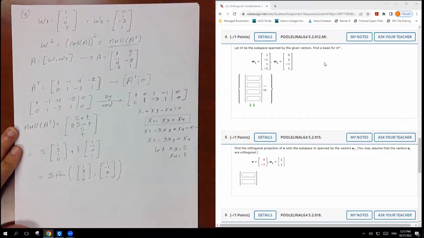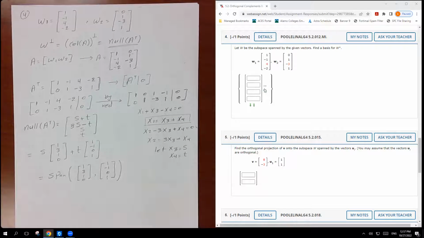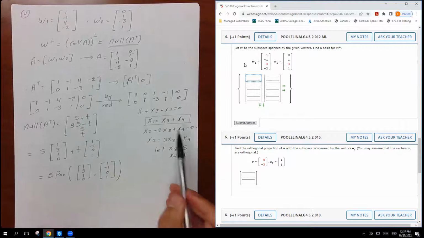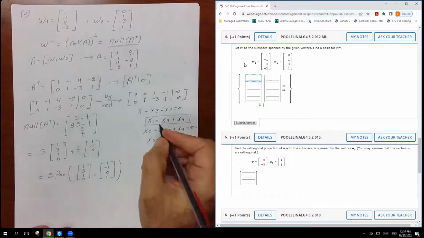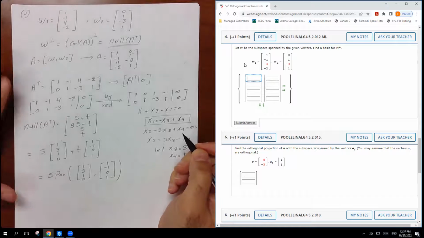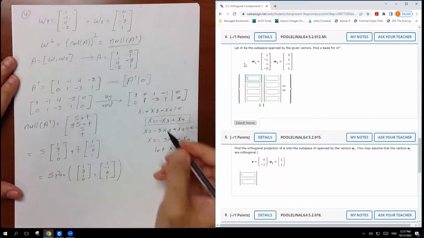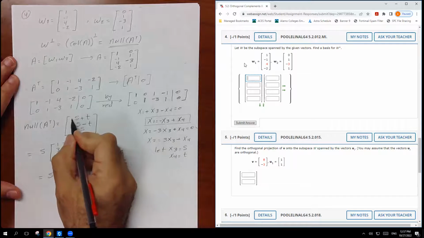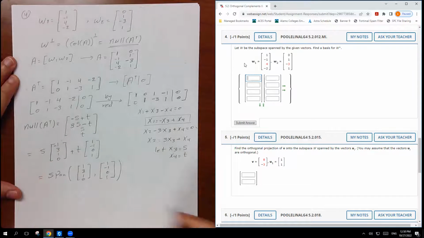And they ask you to find the base. Here is the base. So we're just going to type here negative 1. Because when I moved x3, negative x3, here is going to be negative s, and here is negative.